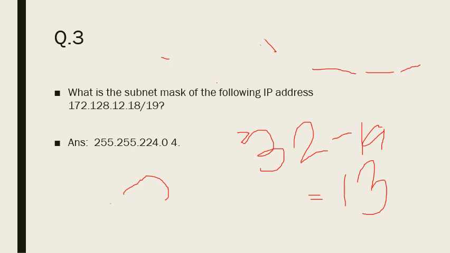The first ones are all ones, so 8 ones, 8 ones, and then we need to make 13 zeros. So 2 power 13. With respect to that, you will make your subnet mask, which I already explained in week 5 several times. You can see that recording.